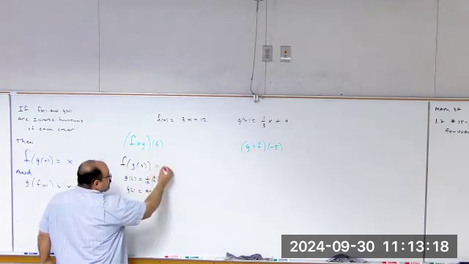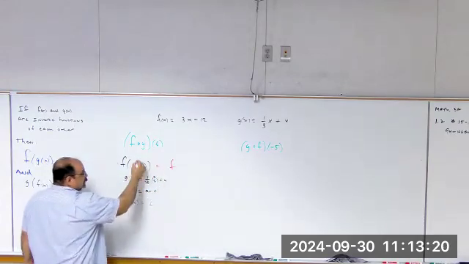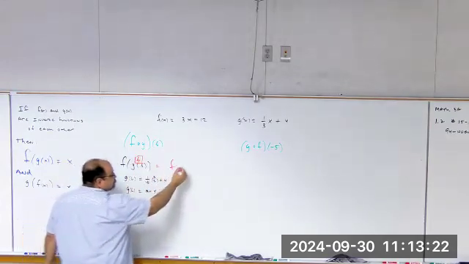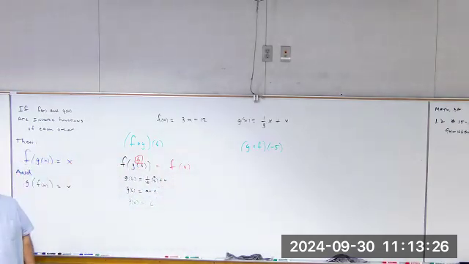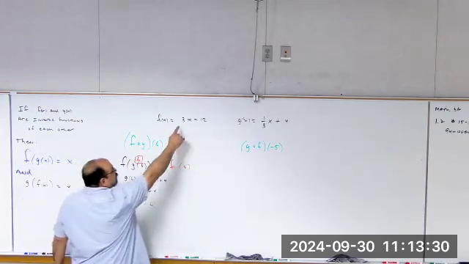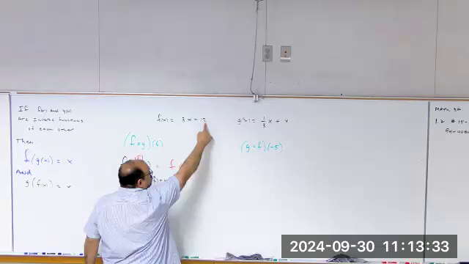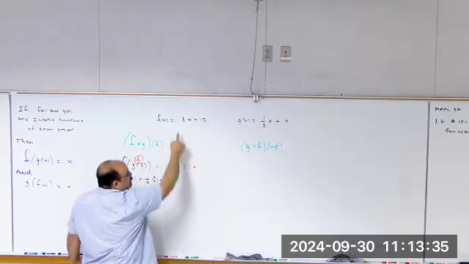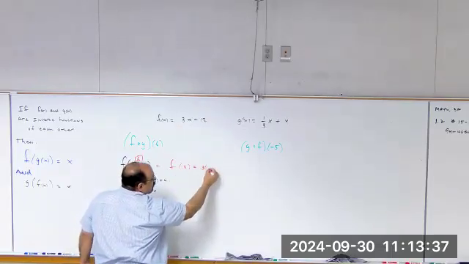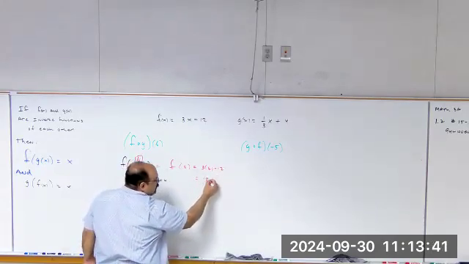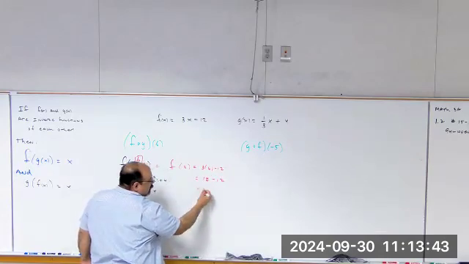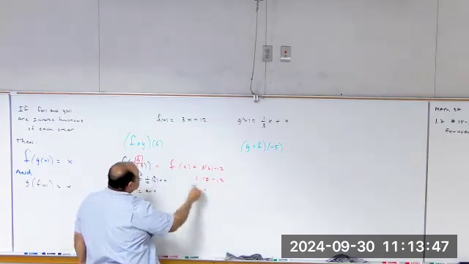So this becomes F, and inside that's a 6. So we plug 6 into the F function. 3 times X minus 12. 6 goes in. 3 times 6 minus 12, and we get 18 minus 12. 18 minus 12 is 6.